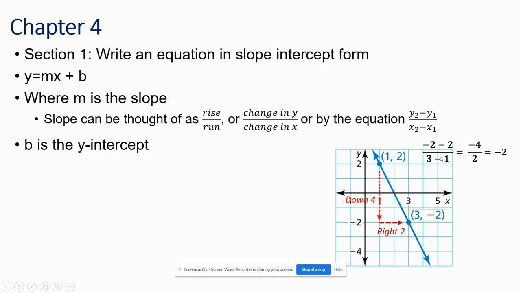If we use our equation, we have our y2 minus our y1 and our x2 minus our x1. We get negative 4 over 2, which is what we got when we did rise over run, which simplifies to negative 2.